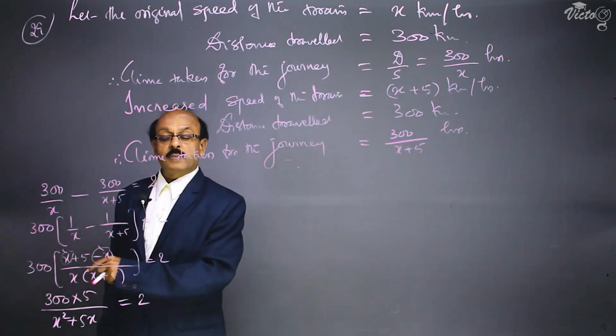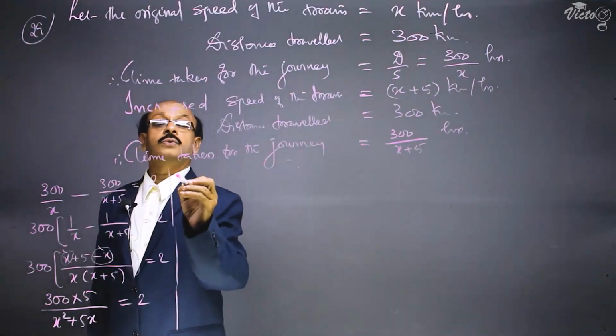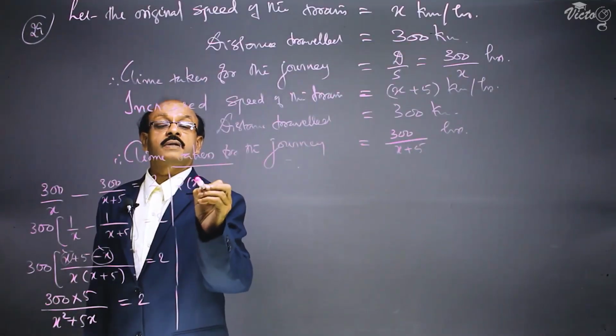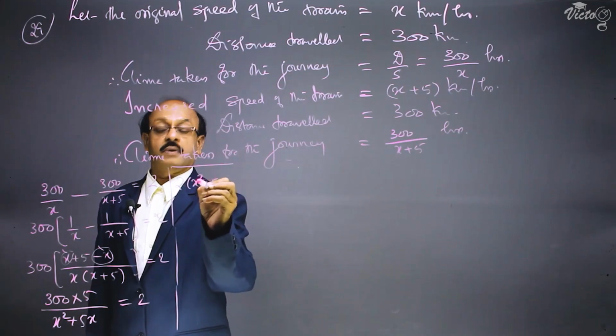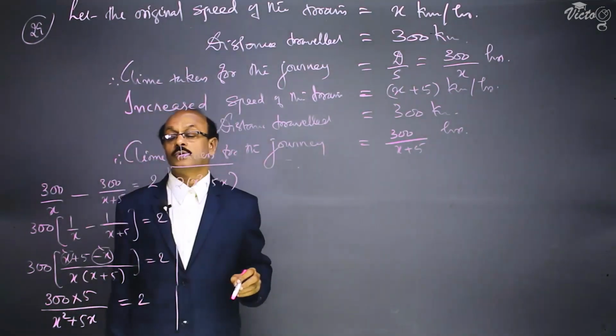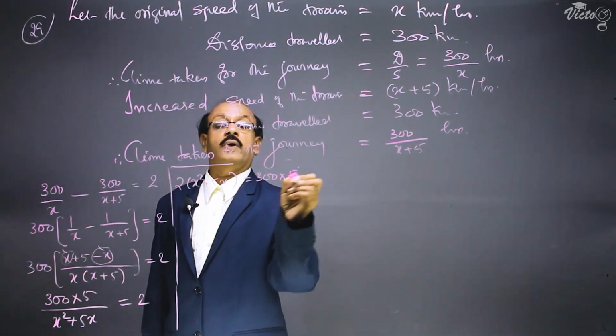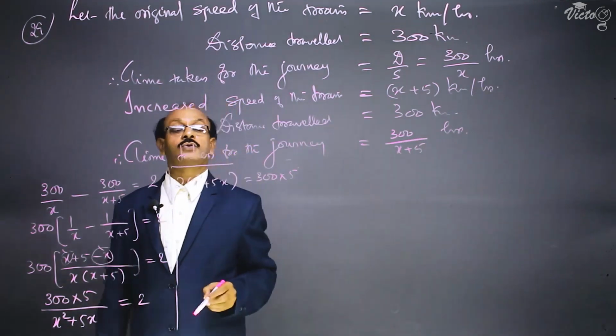Again we can cross multiply: 2 into x square plus 5x is equal to 300 into 5. Now we can divide it by 2.